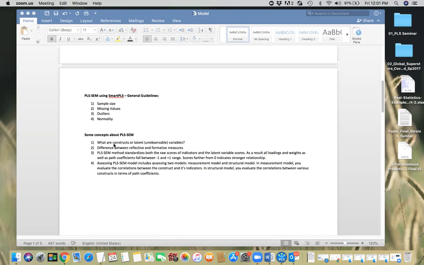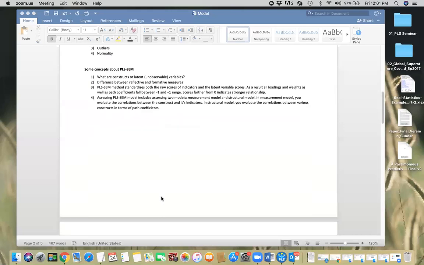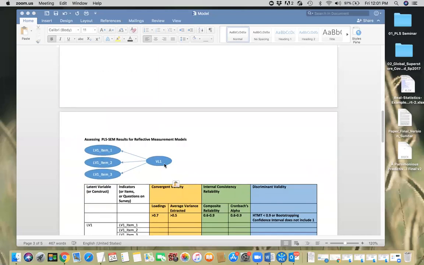The other thing we need to worry about is the difference between reflective and formative measures. For example, if you see this latent variable one, it's a reflective measure, a reflective construct. It has 3 items. So we're measuring this construct, an abstract notion or latent variable, using 3 items, which are the indicators, and could also be said to be the questions in your surveys. They're the reflection, so that's why the arrows are pointing outwards.